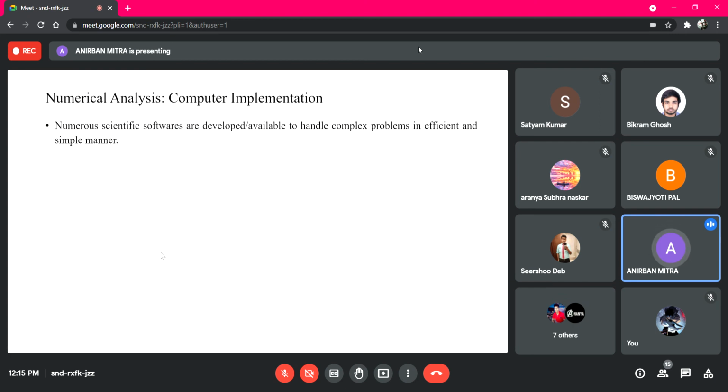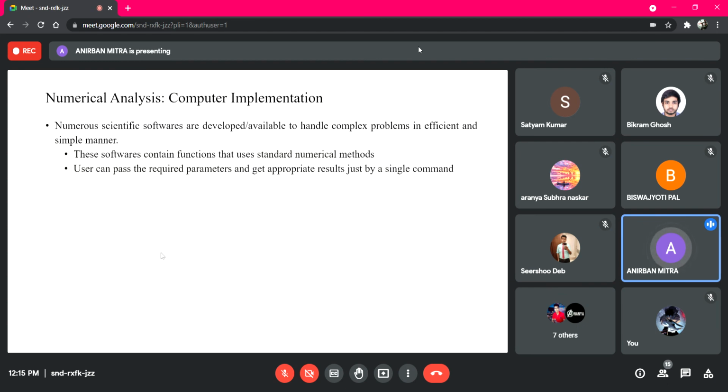What you need to do with these software packages is basically supply the inputs, and they will give you the results or the output. That happens because these packages already have functions that use standard numerical methods.